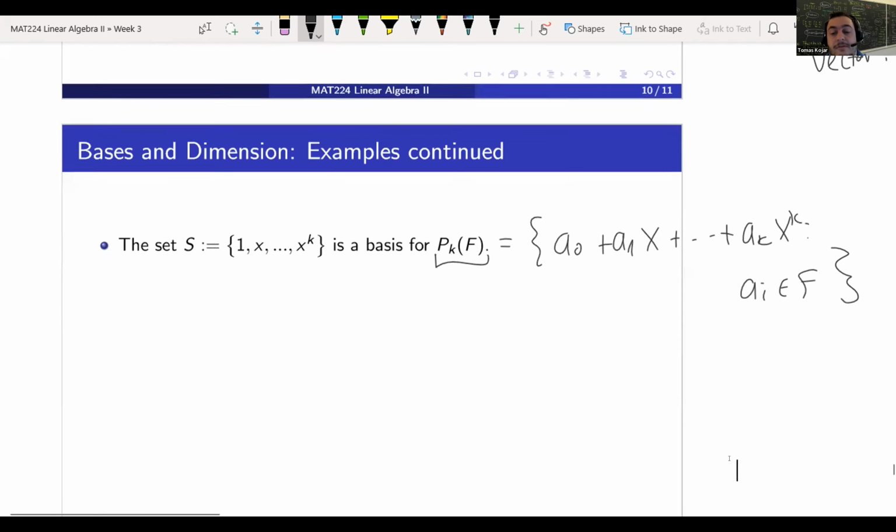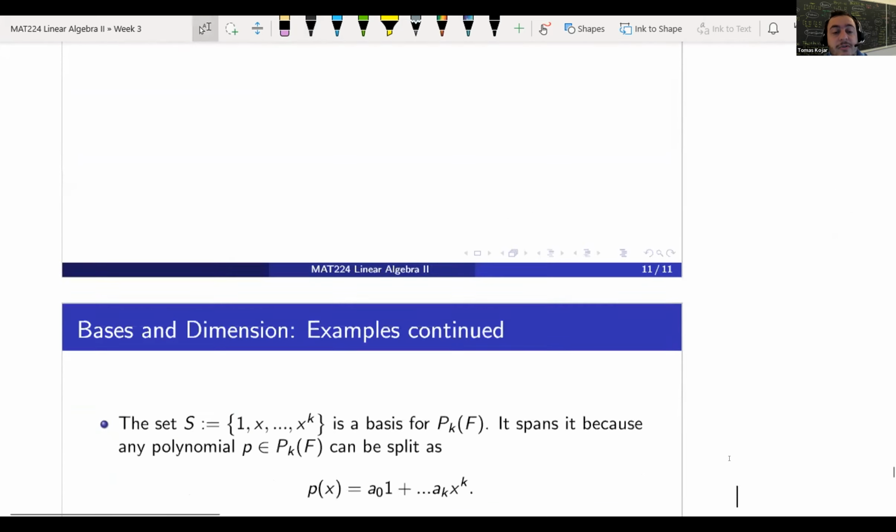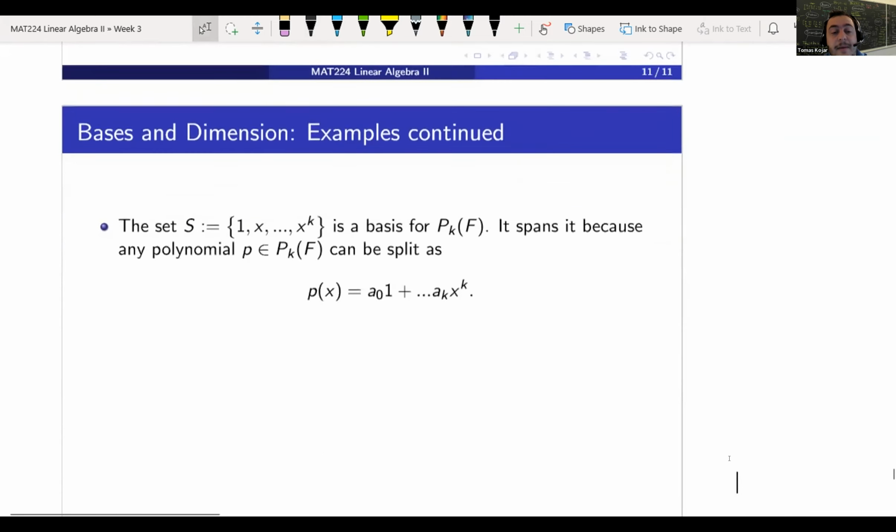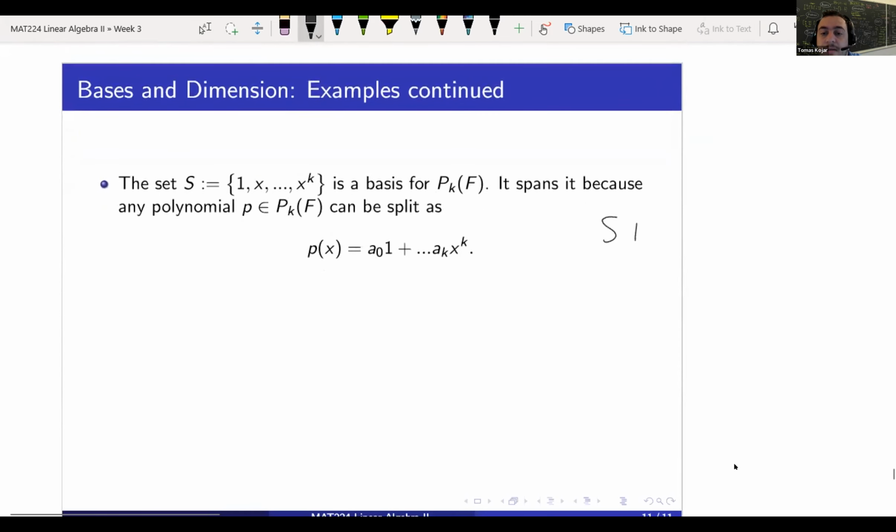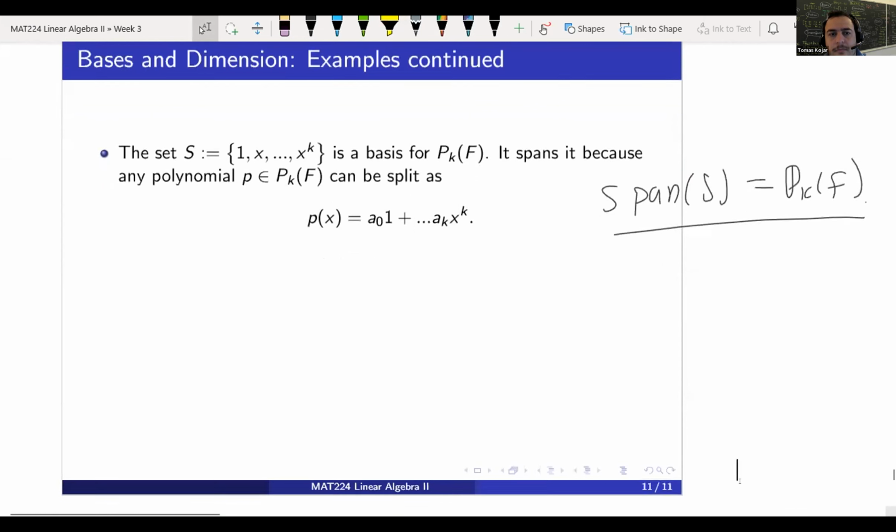So let's do this. First you need to show that it spans the space. So we need to show that span of S is Pk(F). Okay, so that's what we have to show. And this is easy because you give me any polynomial p(x), and you have this expression here, right?